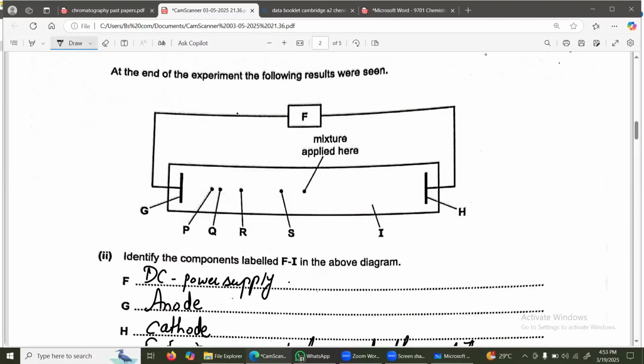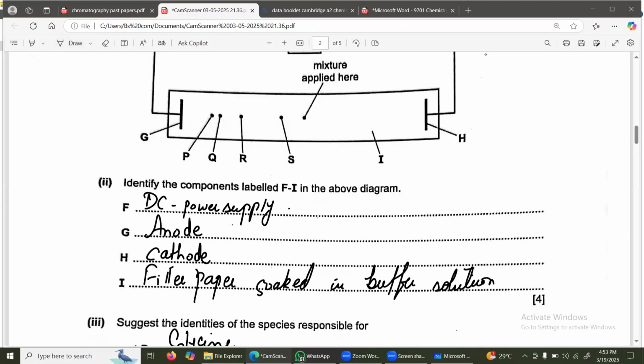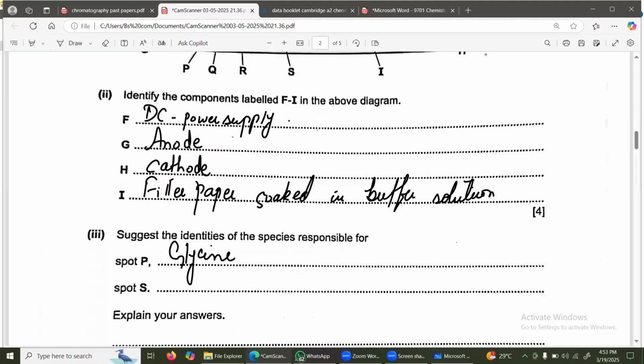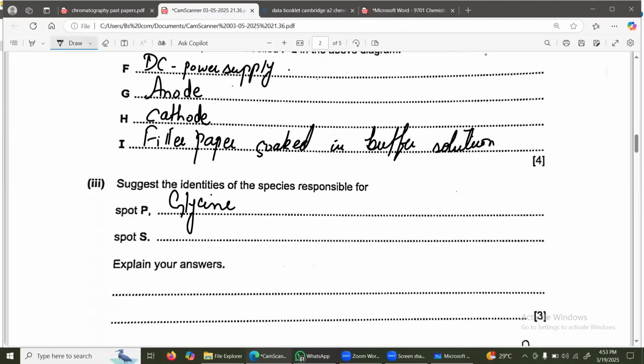It means that it will have the highest molecular mass, so it will be the tripeptide. That's why the tripeptide will travel least. So that is our alanine, serine, and glycine.